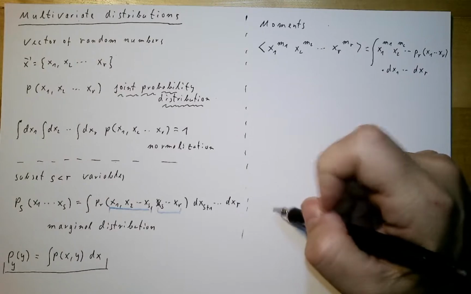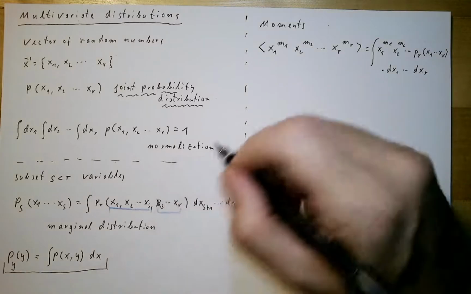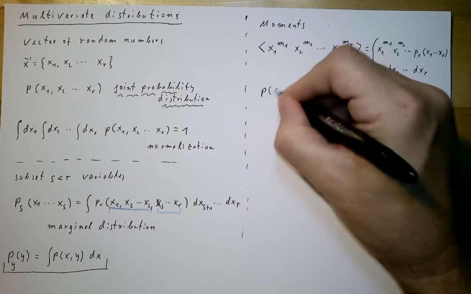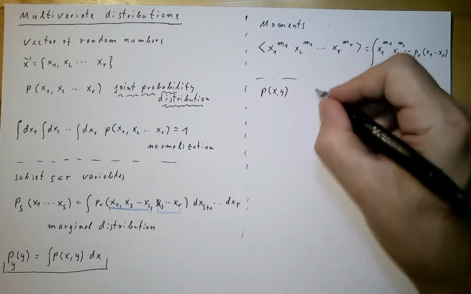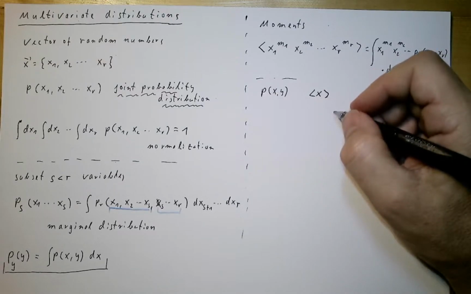If we always have the simple distribution of x and y in mind, what's the expectation value of just x?